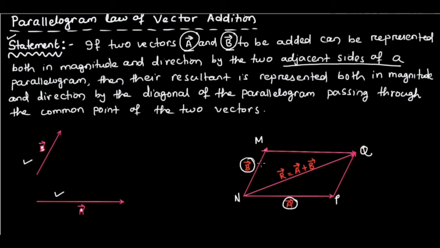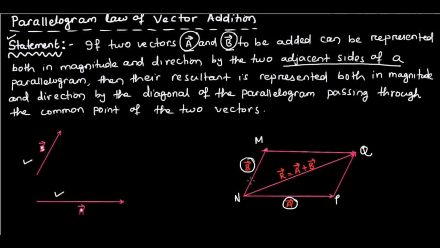The side MN represents vector B and the side NP represents vector A. In order to add these two vectors, I have arranged them as the two adjacent sides of this parallelogram. Then their resultant, the sum of the two vectors, is represented both in magnitude and direction by the diagonal of the parallelogram passing through the common point of the two vectors.